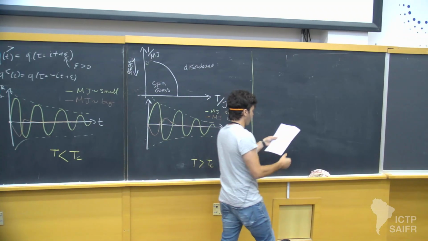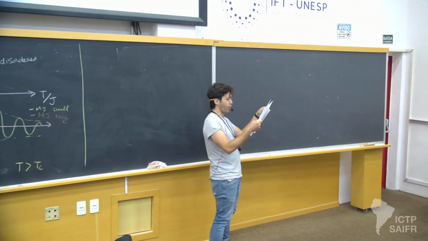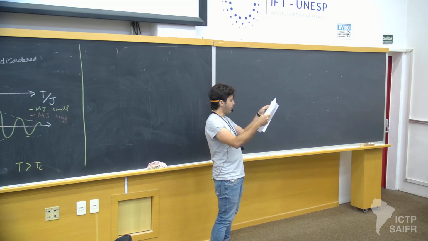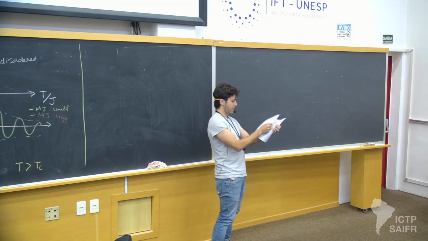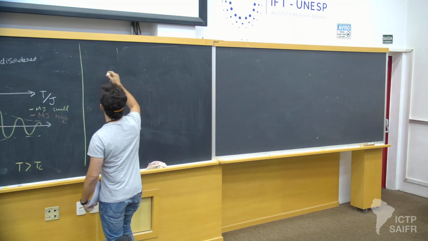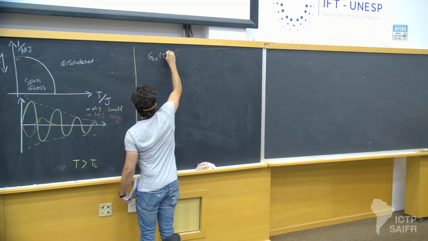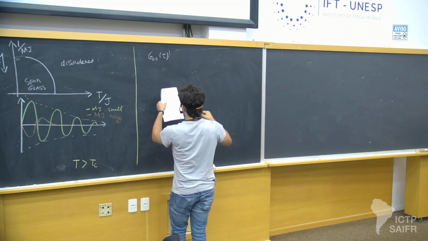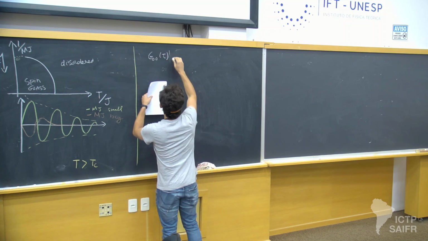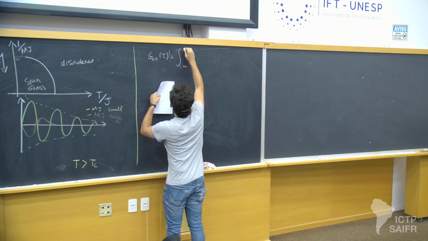Okay, now I want to remind you of something that I mentioned before. Remember that at the end of last class, we derived this equation for a general function of tau. We had the integral from minus infinity to infinity.